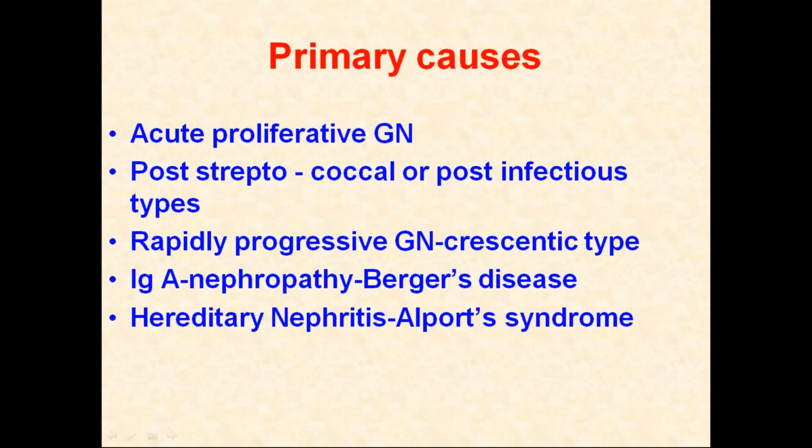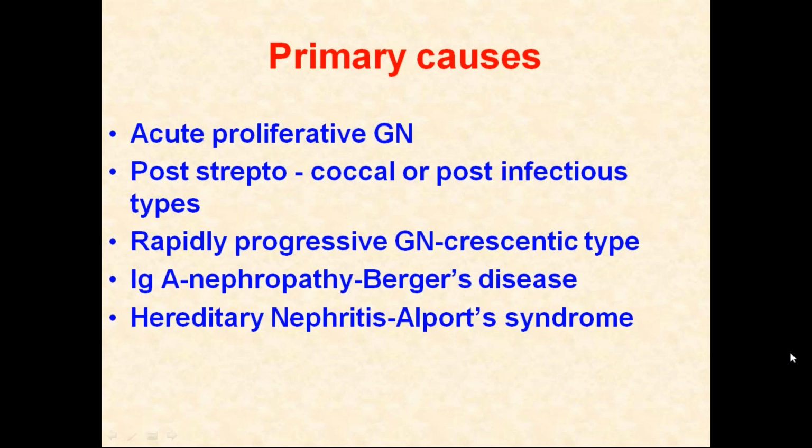The morphology here, on electron microscopy, is crescent formation, which is characteristic of rapidly proliferating glomerular nephritis. The crescents are formed by proliferation of various cells. It can be monocyte proliferation and neutrophilic infiltration, all together forming the crescents in glomeruli, which we will discuss later.